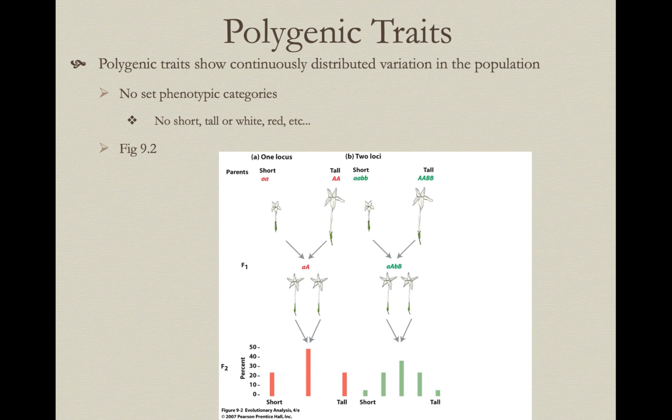So now you have kind of like the intermediates between the medium and the short, and then you have the intermediates between the medium and the tall. And then if we bump that up to 6 loci, wow, now clearly we don't have set categories. We clearly have a bell-shaped curve with continuous distribution associated with the height of these plants.